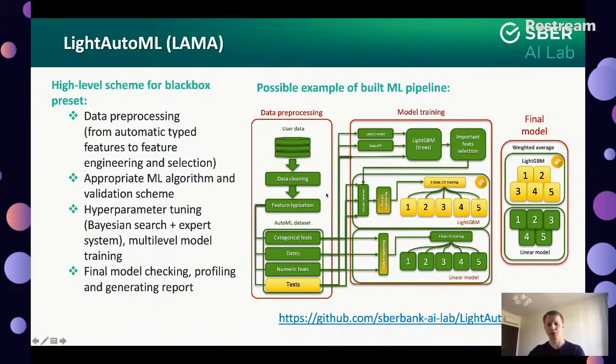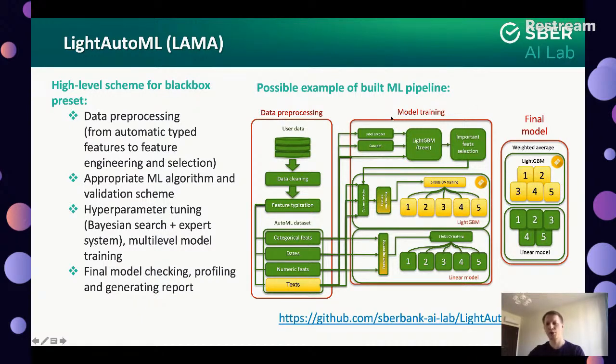So we figure out that this current feature should be categorical, even though it is real as it is inside the user dataset. So at the end of this step, we have an AutoML dataset with categorical fields, dates, numeric fields, and maybe texts if we have them. And after that, we should go to model training.